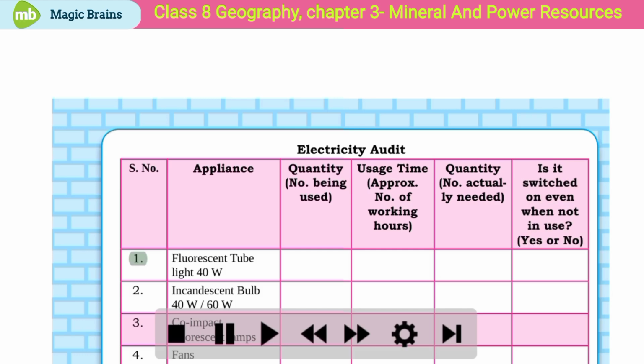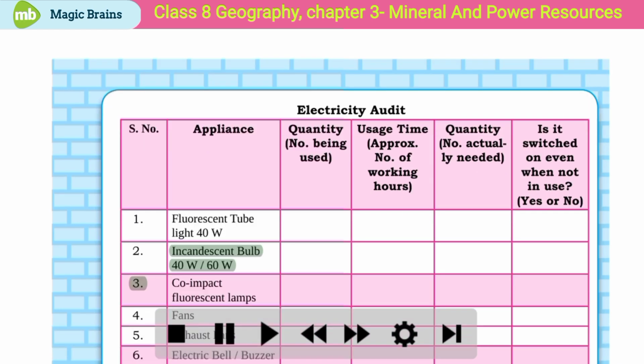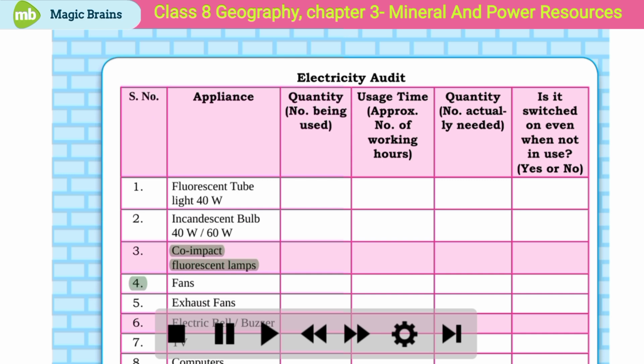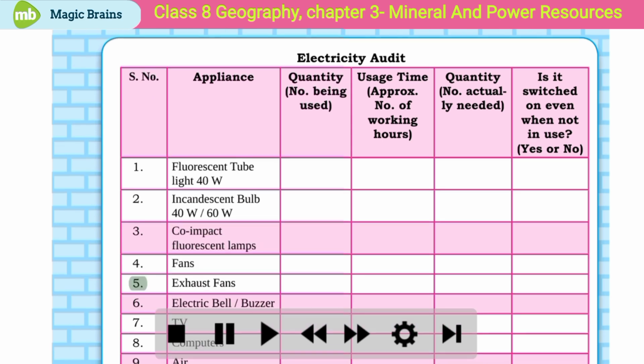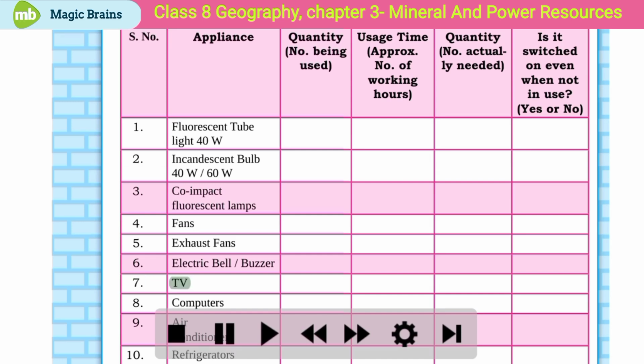The names of various appliances are given here. Number 1. Fluorescent tube of 40 watts. Number 2. Incandescent bulb of 40 watts or 60 watts. Number 3. Compact fluorescent lamps. Number 4. Fans. Number 5. Exhaust fans. Number 6. Electric bell or buzzer. Number 7.